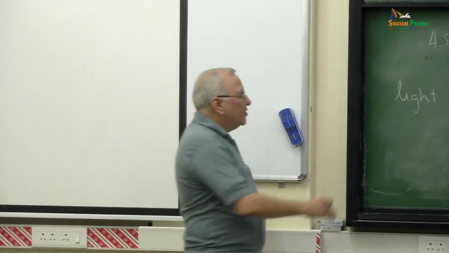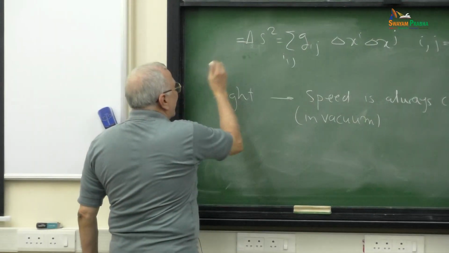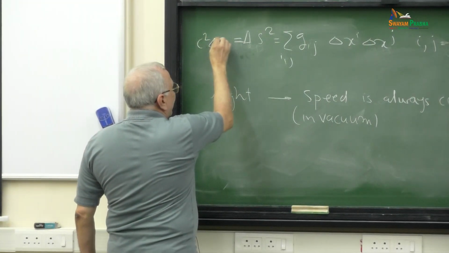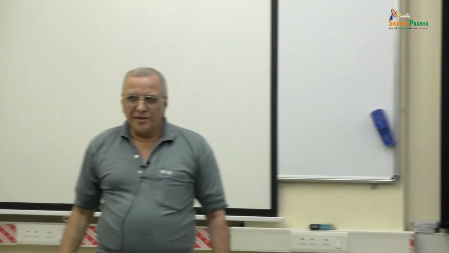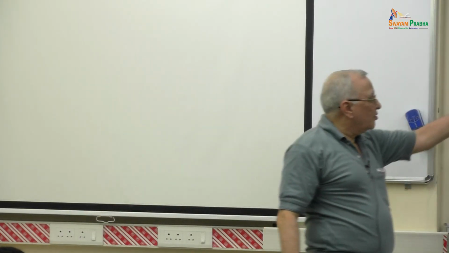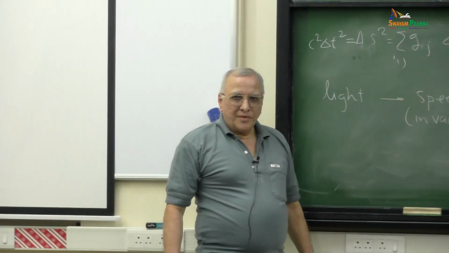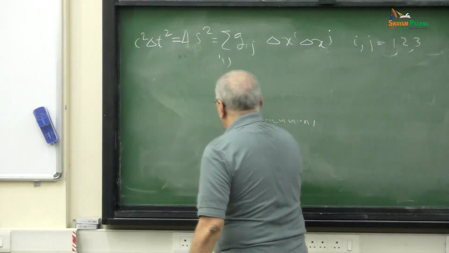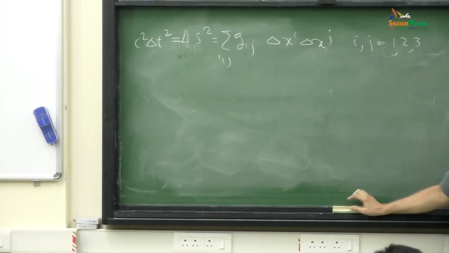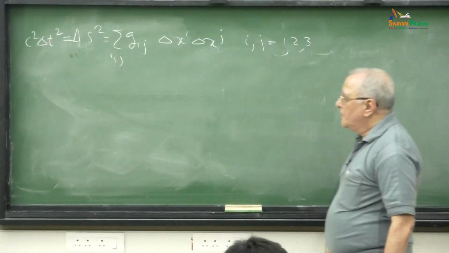So what do I do? I replace this guy by c square delta t square. This is a very simple thing to do, going from here to there. All right. So I erase this now, and we use this fact of nature which is available to us and write this.